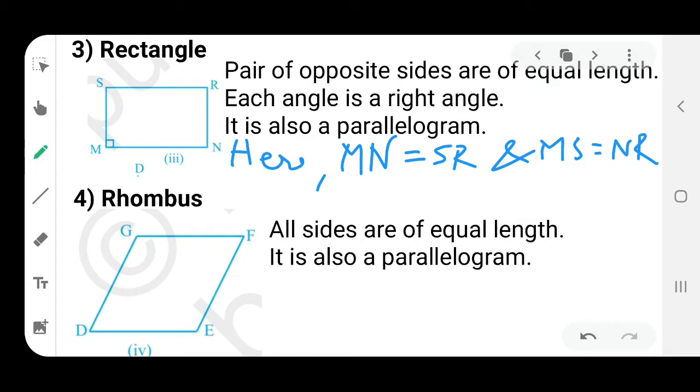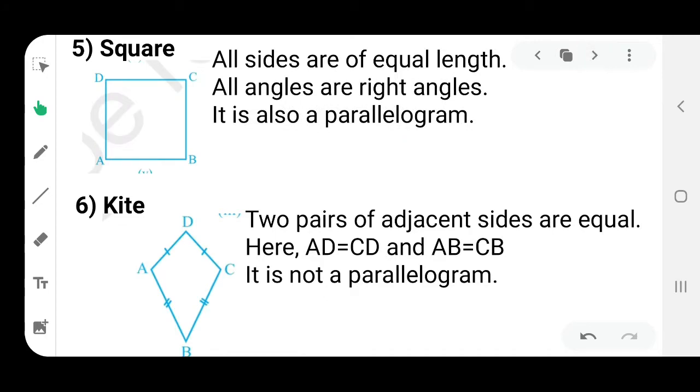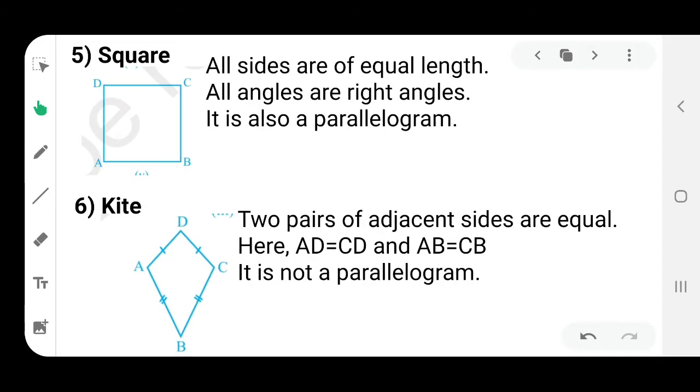Okay, 1, 2, 3, and 4. These four are equal to each other, and it is also a parallelogram, because pairs of opposite sides are parallel to each other. So this is also a type of parallelogram. Okay.